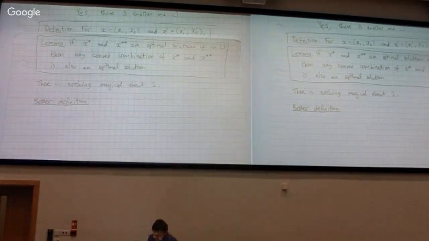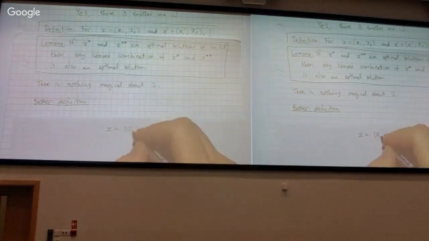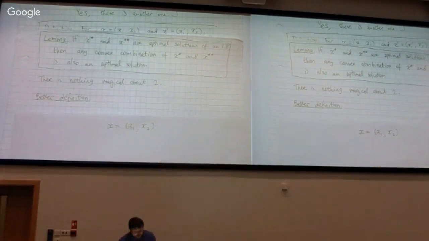This is a complete diversion, because I want to learn something as well. So we had x is x1, x2. Is this what you're used to? Like the first entry is x1 and the second entry x2. So what happens if you have n vectors? What do you call them?